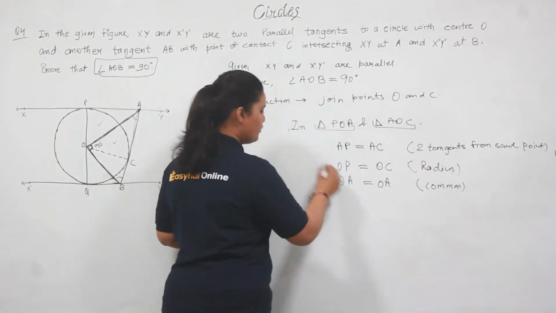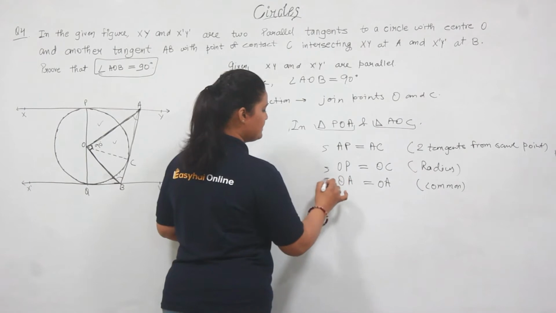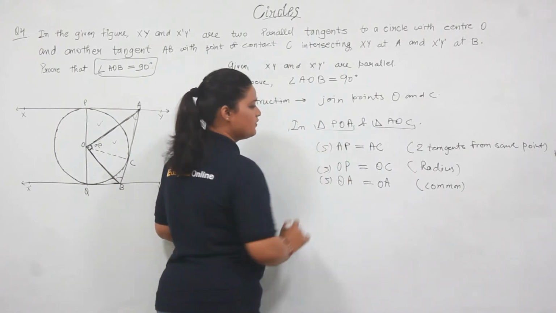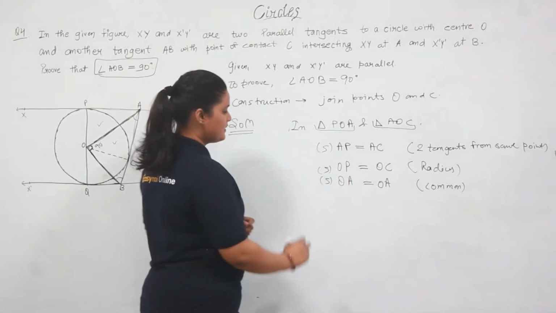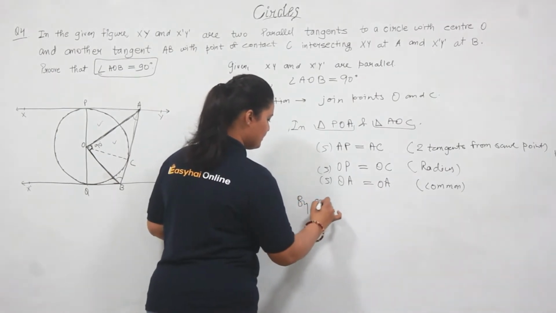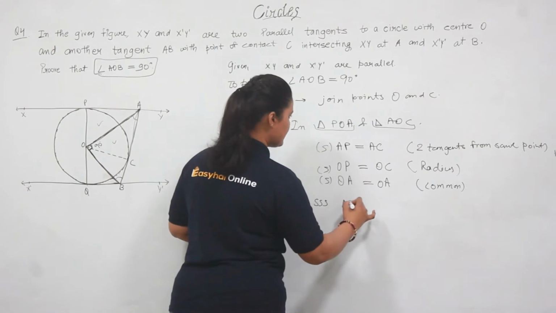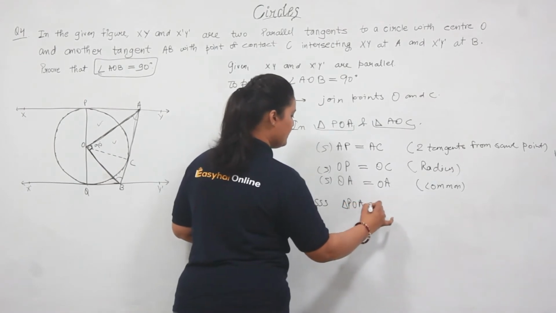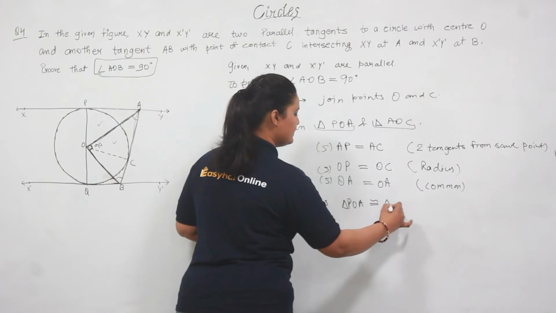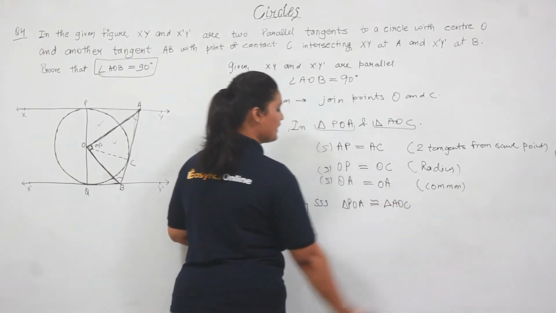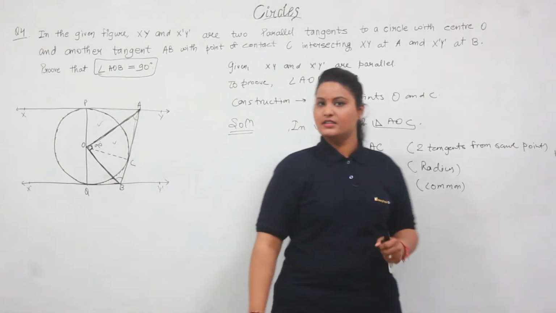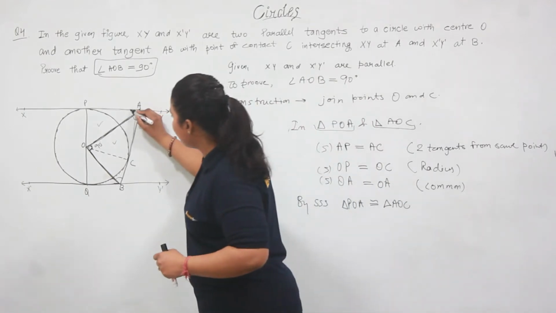Now I have proved it by SSS. These are three sides of the triangles. So by SSS congruency, I can say triangle POA is congruent to triangle AOC. And when the triangles are congruent, their corresponding parts are also equal.